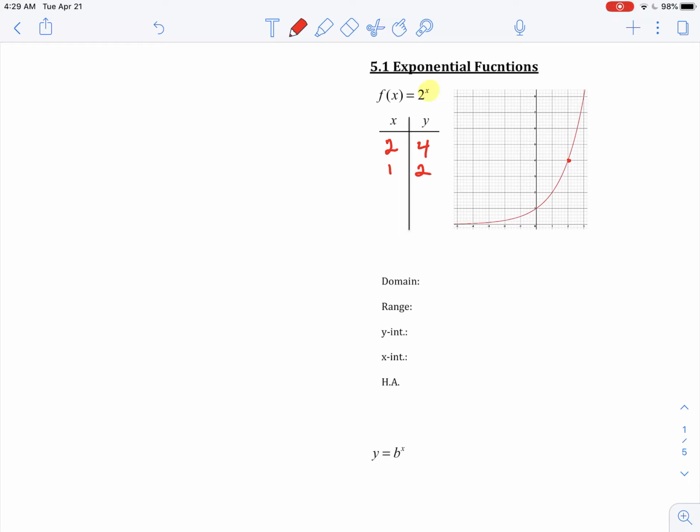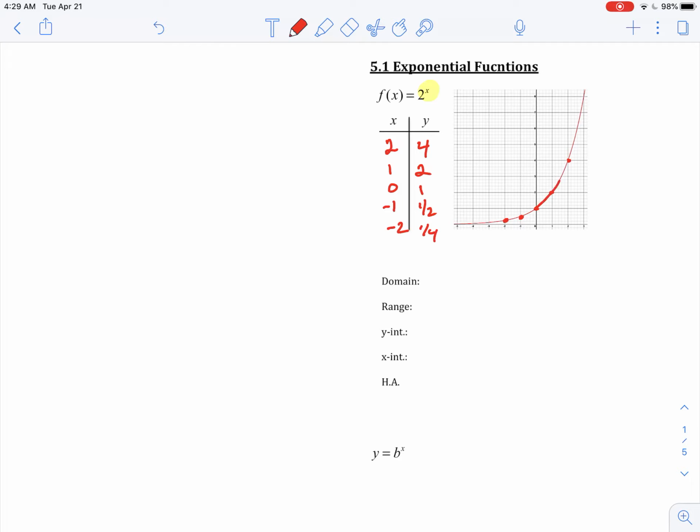If x were 1, 2 to the first power gives us 2. If x were 0, 2 raised to the 0 power gives us 1. If x was negative 1, 2 to the negative 1 would be 1/2. And if x were negative 2, we would get 1/4, etc.